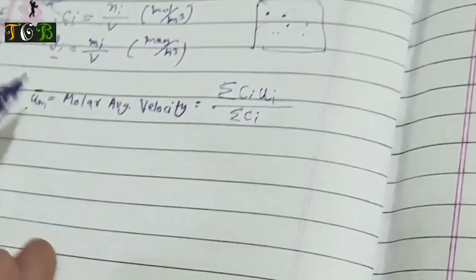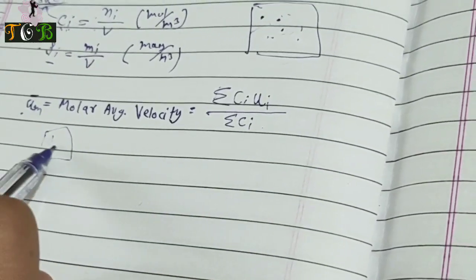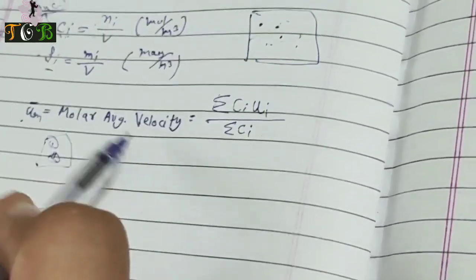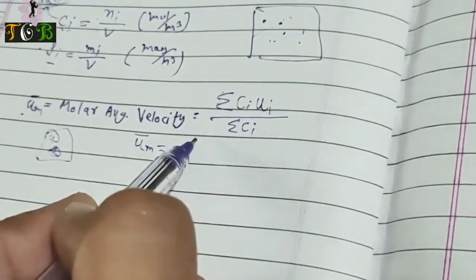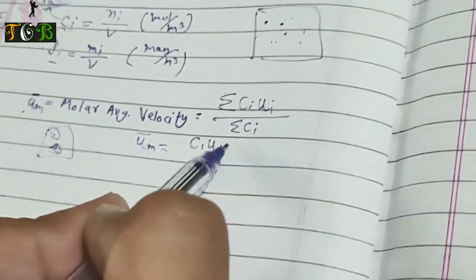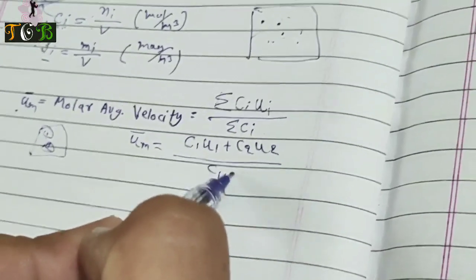So let's take an example and understand. Suppose we have a mixture of two components, 1 and 2. So u bar m for it will be just c1 u1 plus c2 u2 divided by c1 plus c2.